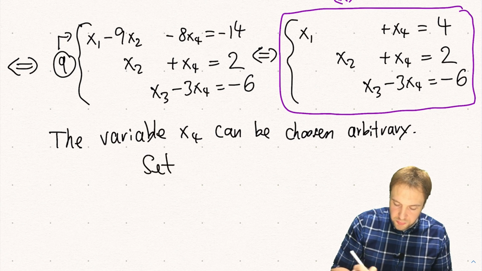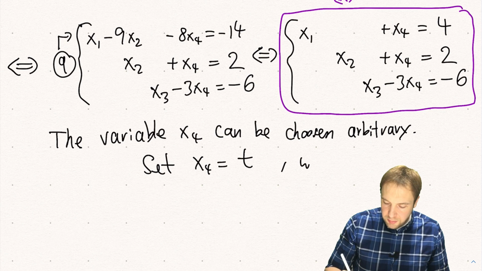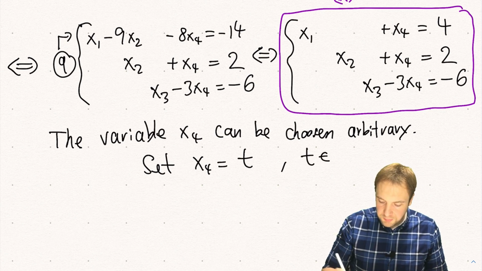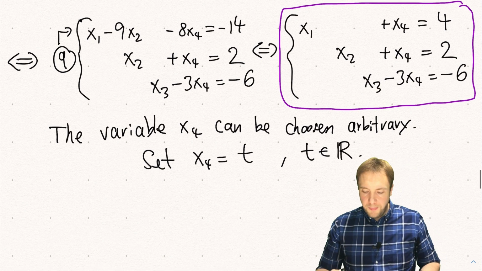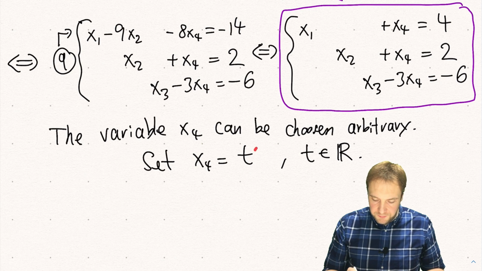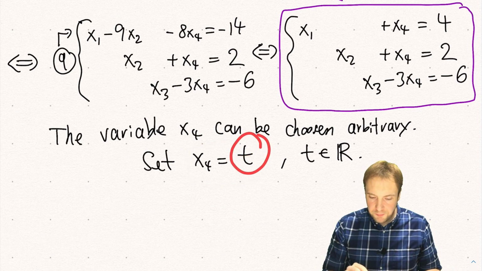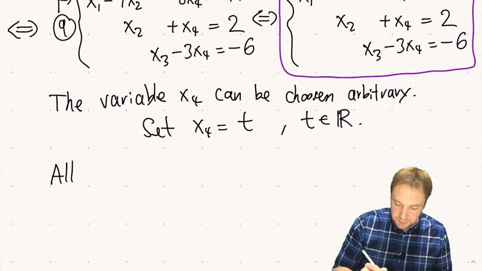And what we usually do is we say that x4 equals t, where t is just some real number, so it's like a parameter for our solutions. And if x4 equals t, or maybe you can choose your favorite number for t, then we get the solutions as follows.